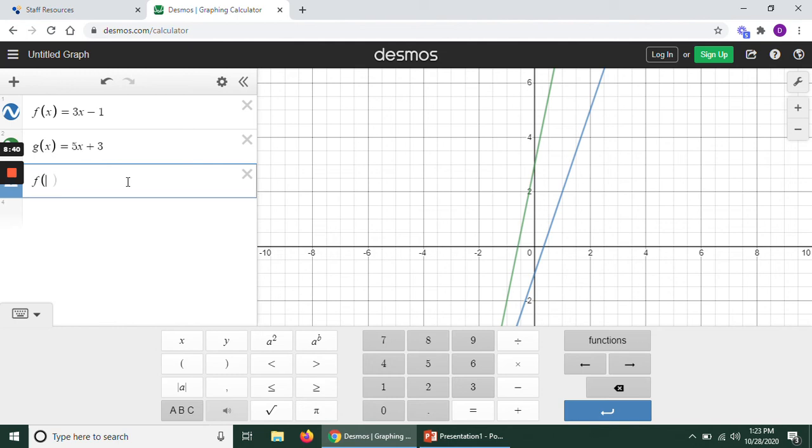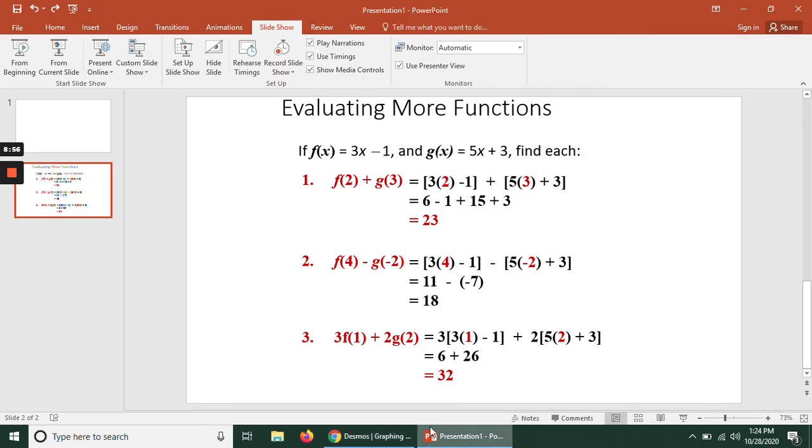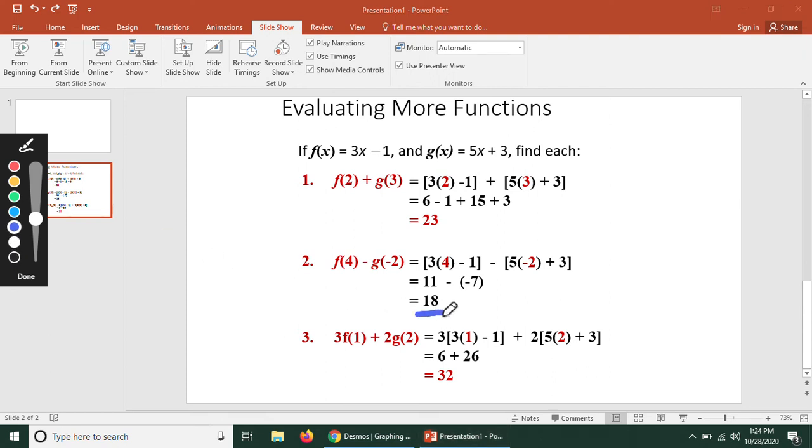And our answer is 18. Do you see that? Notice we got the same answer, 18.